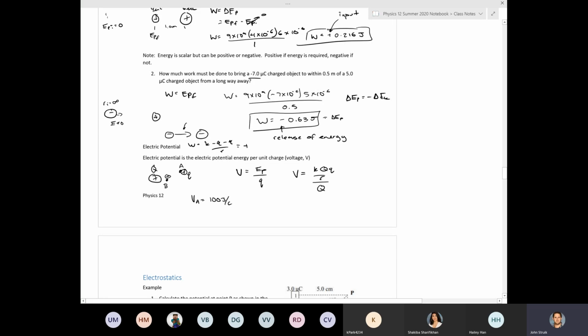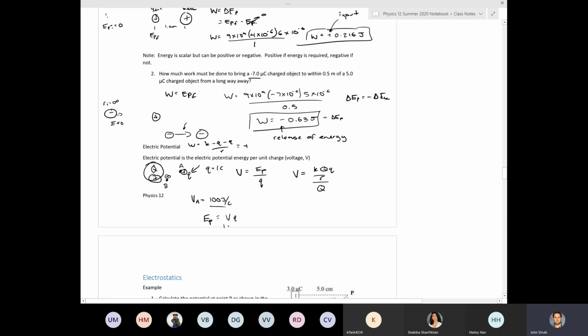Because the voltage something has, I know this is super, super confusing. This voltage here at A is 100 joules per coulomb, which is created by this big Q. But if I wanted to know how much energy EP little q has at that point, and let's say little q is 1 coulomb, then I would say EP is V times q.